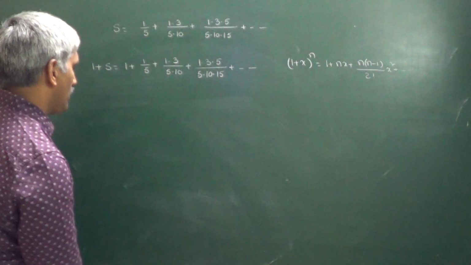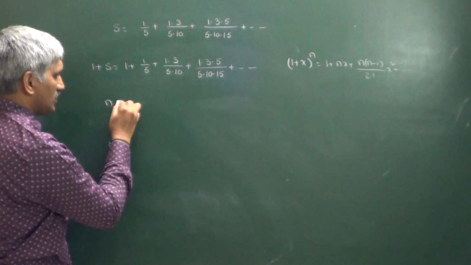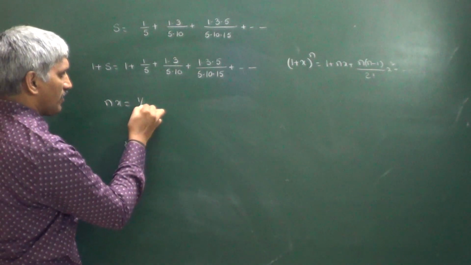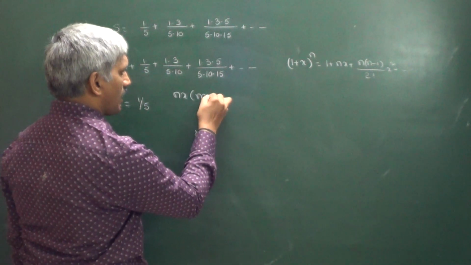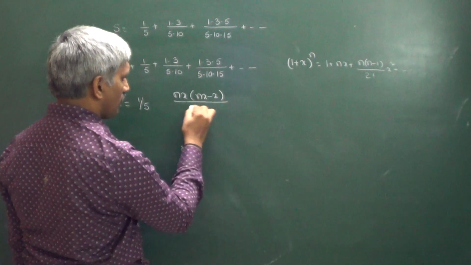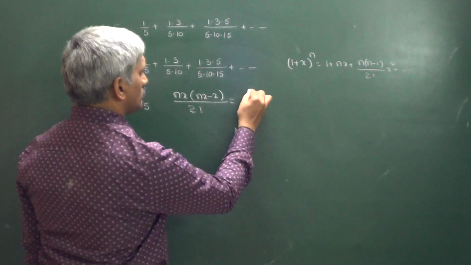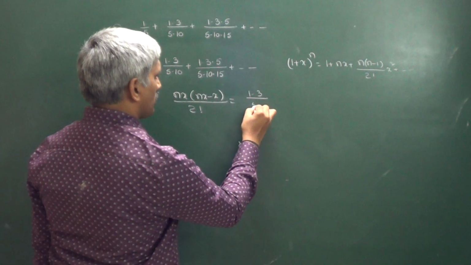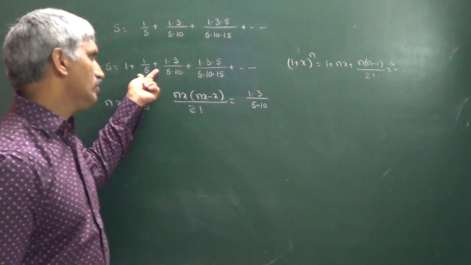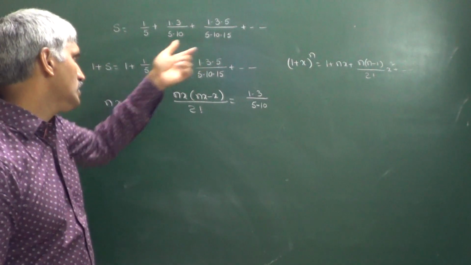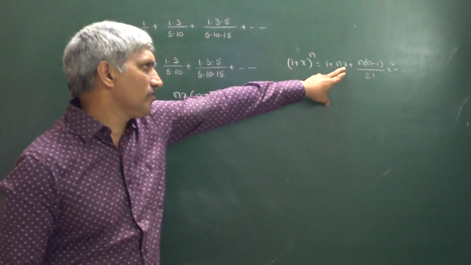Now on comparison you will get nx is equal to 1 by 5. Next one, nx into (nx minus x) divided by 2 factorial is equal to 1 into 3 divided by 5 into 10. Because the first term is 1, there also 1. Here 1 by 5 is comparing with nx.